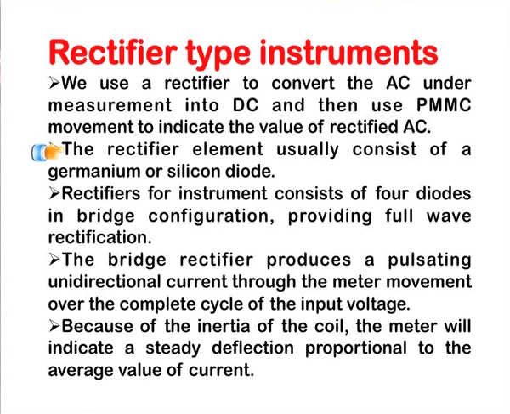We know that the rectifying element is the diode. It may be a germanium or a silicon diode. We generally use the bridge rectifier because of its obvious advantages. The bridge rectifier produces a pulsating unidirectional current through the meter, and over the complete cycle of the input voltage, the pointer moves.